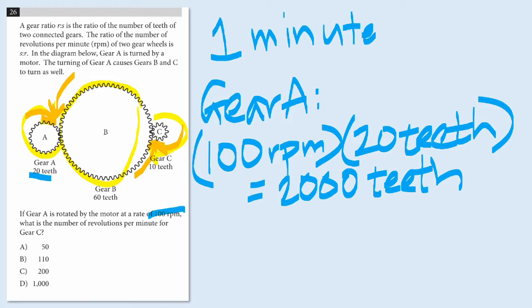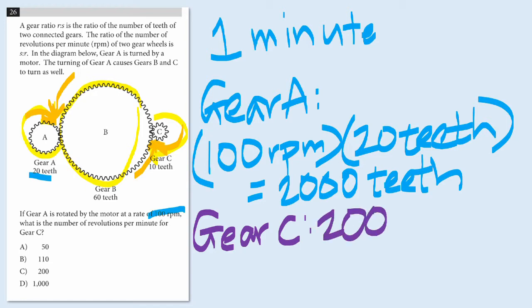All right, now here's the key. We just said that all the gears are going to turn the same number of teeth clicks. So let's now think about gear C. If gear A is turning 2,000 teeth clicks in 1 minute, that means that gear C is going to turn 2,000 teeth clicks in 1 minute.